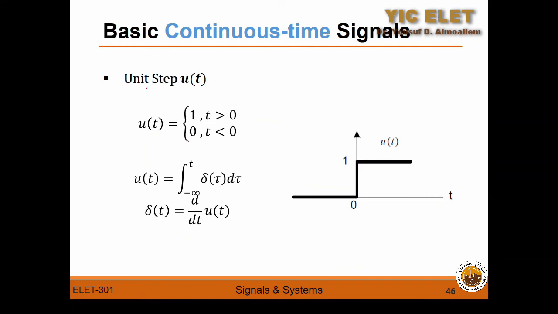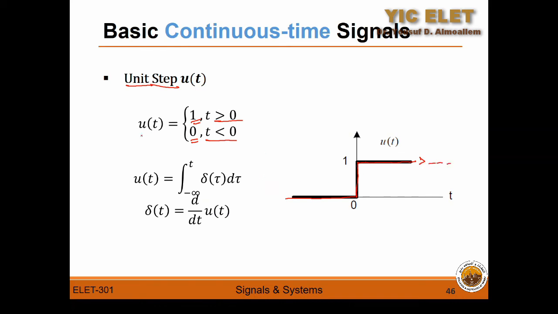Now, the second basic continuous time signal is the step function. If we're considering the unit step function, then it will be equal to 1 at positive t, and equal to 0 at negative t. So on the negative side, it will be equal to 0, and once it reaches 0, it goes to 1 on the positive side to infinity.